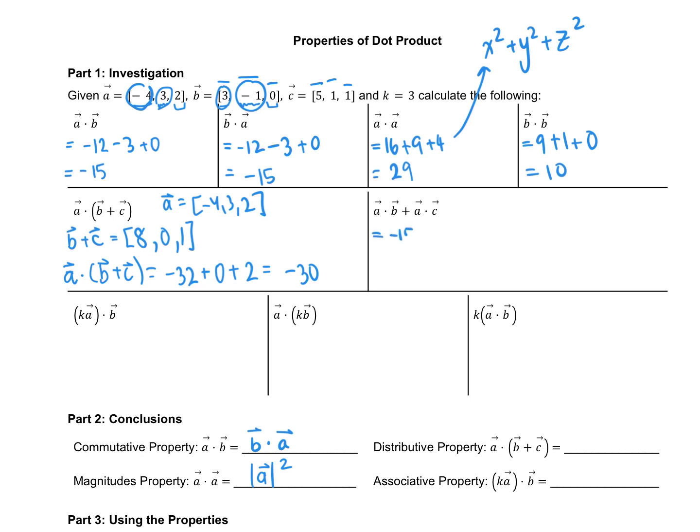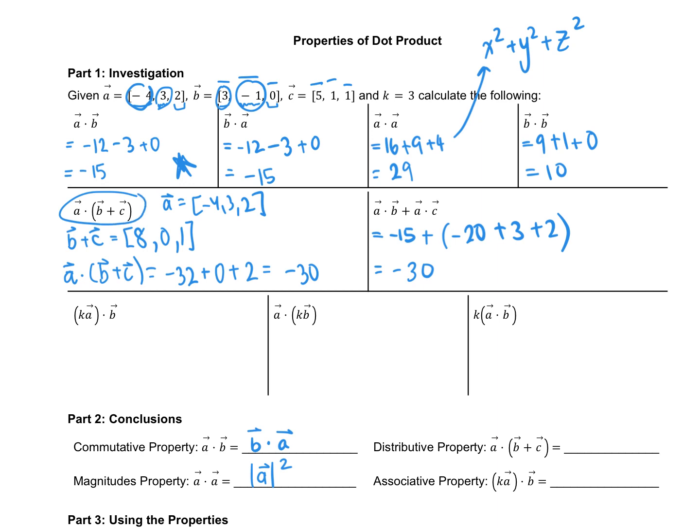So I'm going to put my -15 from over here, because we had already calculated A dot B. And in this bracket, I'll do the dot product between A and C. So that's going to be -4 times 5 for the x components, 3 times 1 for the y components, and 2 times 1. Here we are. And inside the bracket, we end up having -15. So -15 and -15 is -30. The answers are actually the exact same thing.